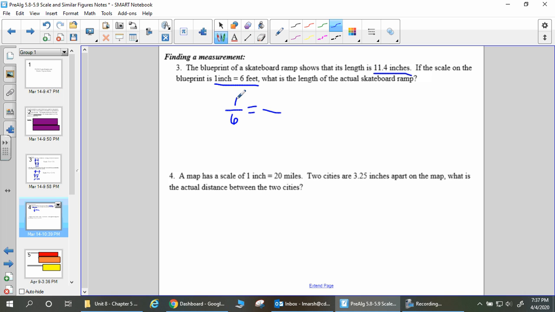So 1 inch, 11.4 inches. We've got to make sure they're on the same part of the fraction. We're looking for the actual length then in feet. The nice thing here is 1 times x is just x. 6 times 11.4 is going to be 68.4.